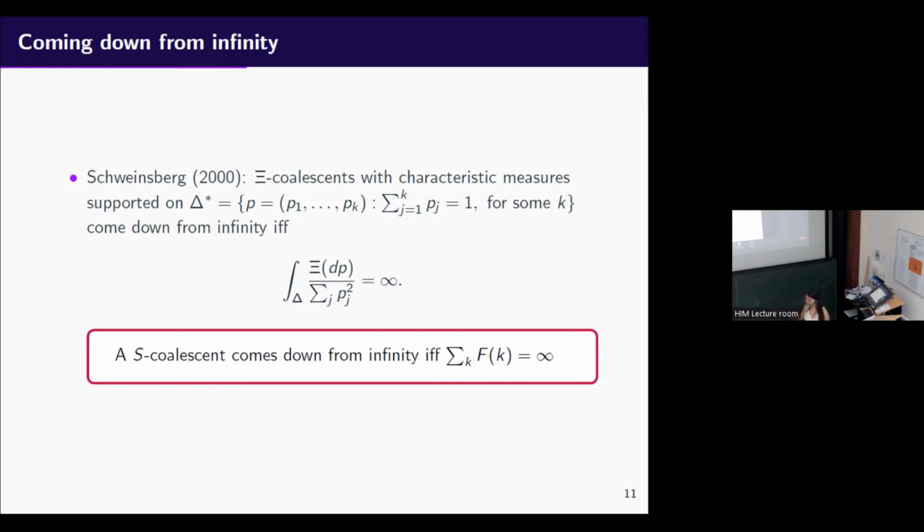Okay, so there, and we know that from an article by Jason, that for Xi-coalescents that are supported in the set of finite measures, which means that you cut 0, 1 in a finite number of little bits, to know if they come down from infinity, you have to check that this property on the characteristic measure is true. And we know that in the case of our symmetric coalescent, this is true if our measure f is infinite.